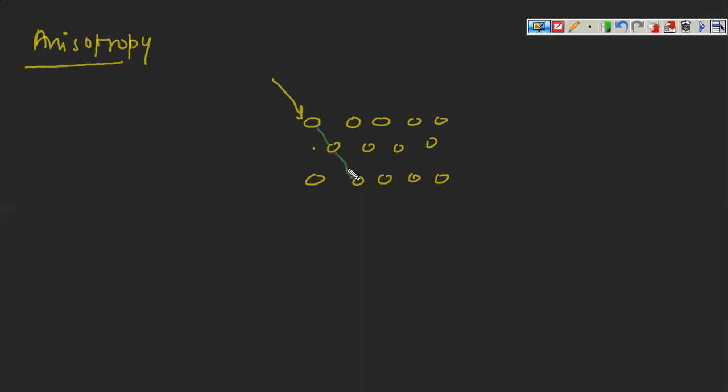This is the arrangement. 1, 2, 3. 1, 2, 3. If you observe the same solid from a different angle, suppose a right angle, then you will find 1, 2, 1 skip, there is a skip, then 2.